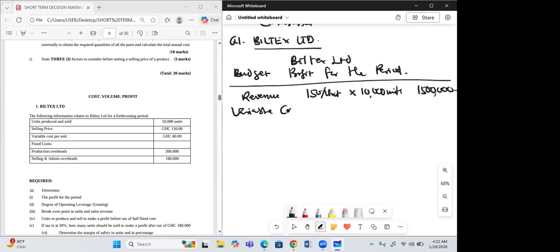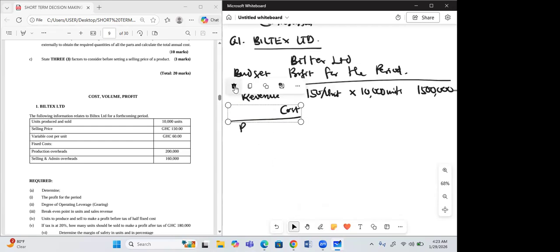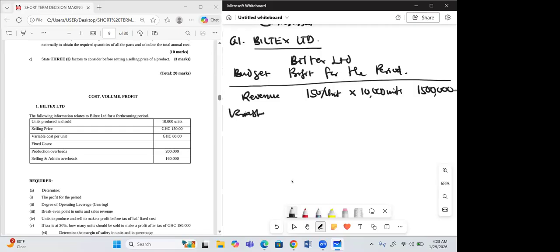This is a decision-making situation, so always write your statements in the marginal costing approach. So variable cost per unit is what? 60 cedi. So let me take the 60 out. When I multiply by 10,000, giving us 600,000, right?